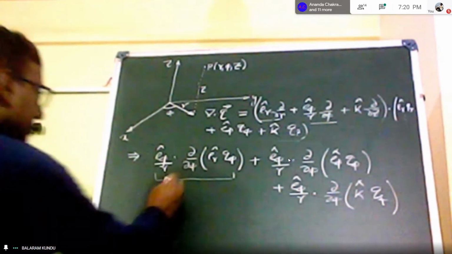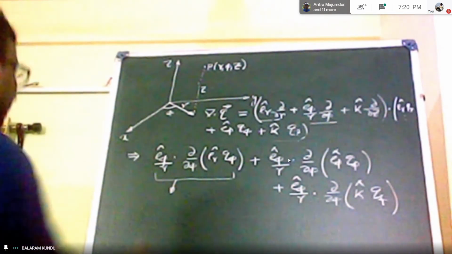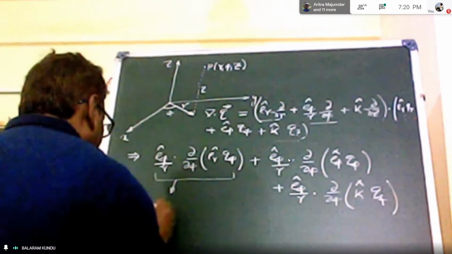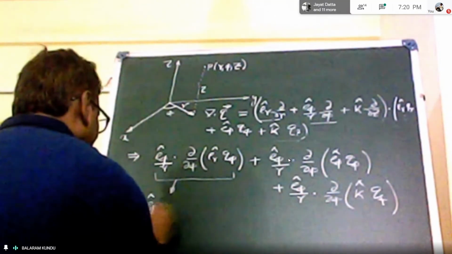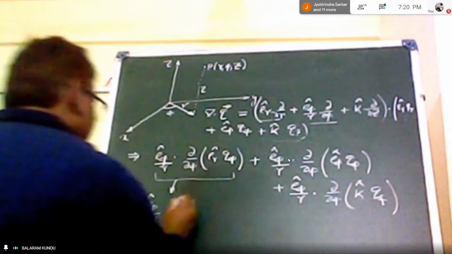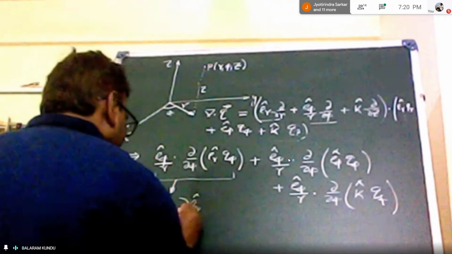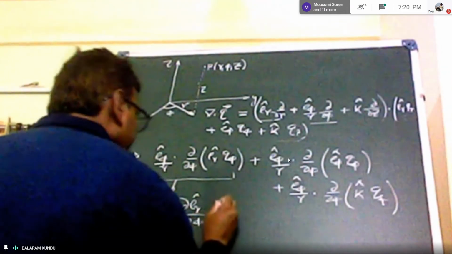So here, if we make the dot product, what will happen? The first term will be e_phi by r, dot the derivative of del e_r by del phi into q_phi.